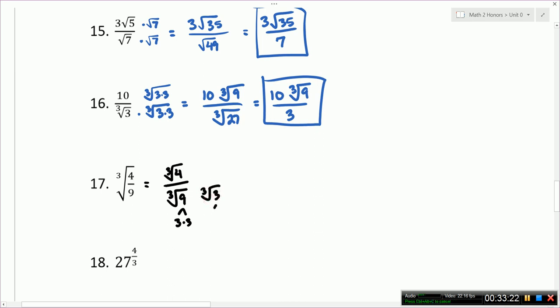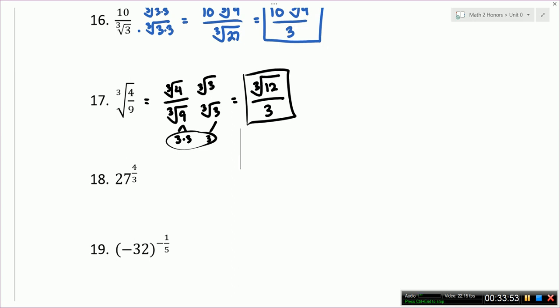And that gives us a set of three 3s. So we end up with the cube root of 12 divided by 3. If you were to multiply the 9 and the 3, you'd get 27 like the previous problem in number 16. And we get the cube root of 27, which is 3.